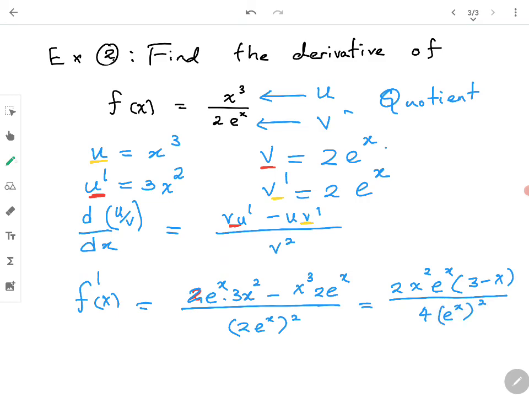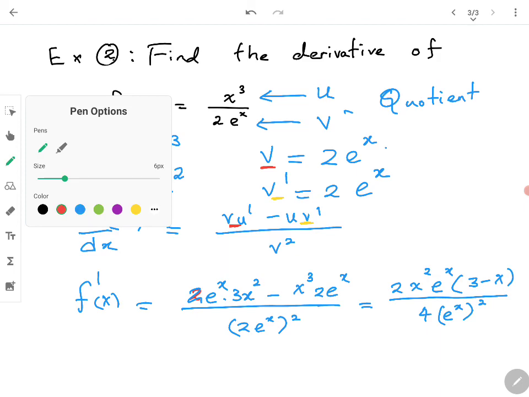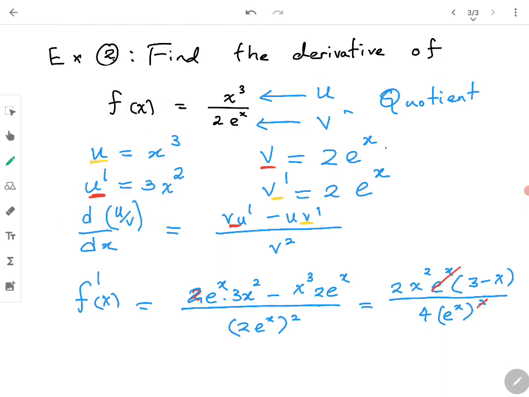Now we can cancel one e to the x in the numerator with one e to the x in the denominator, and we can cancel a 2, so you get 2 here. So the final answer is x squared times (3 minus x) divided by 2 times e to the x.